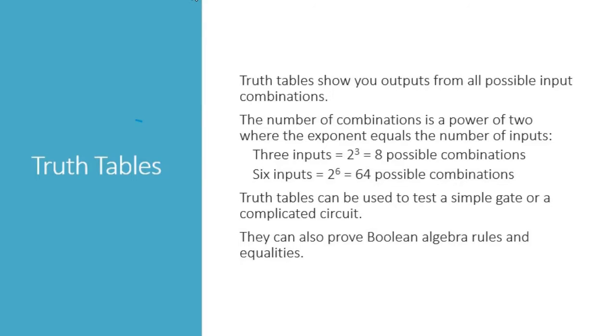And you can see that if I have 6 inputs, it gets cumbersome very quickly. To look at all 64 possible combinations would take quite a while. So we'll use these to test simple gates, but we could absolutely use them for complicated circuits as well. So we will see a little bit of this. You can prove Boolean algebra rules and equalities with them as well, and we'll tackle that in the 3rd portion.